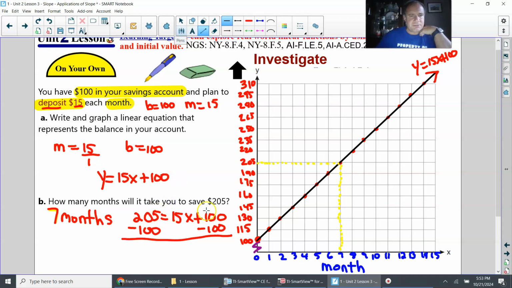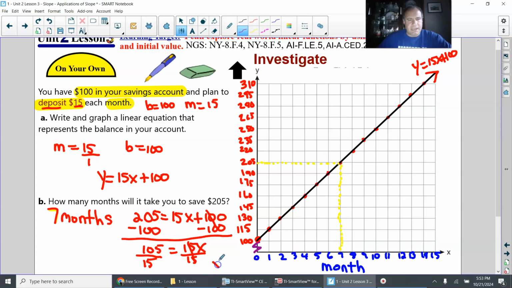This cancels. This is 105 equals 15x. And then you divide by 15. This cancels. And you get x equals 7. So it's the same if you use the equation or you use the graph itself.